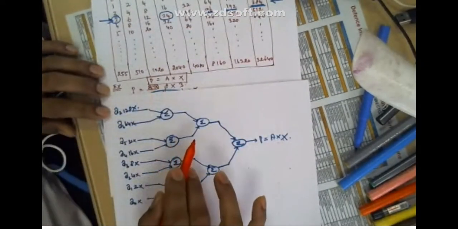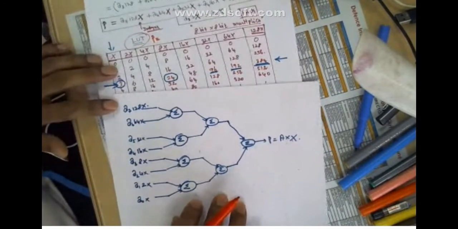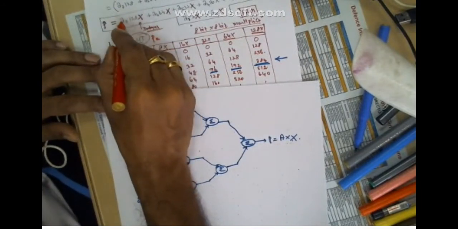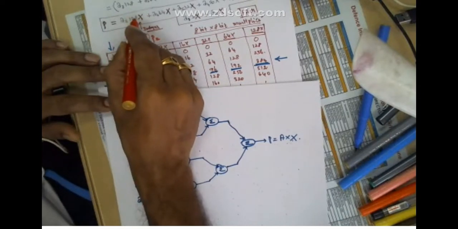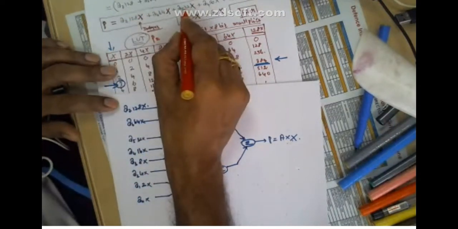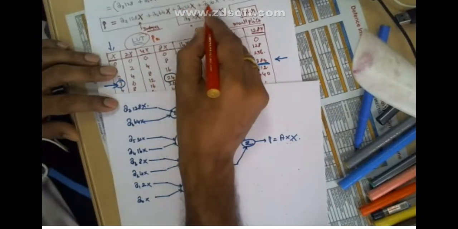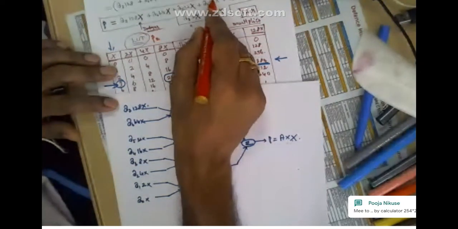So all the possible values are in this table now. From this equation, if A7 is 0, then this value will not be added, or this value will be taken as 0. If A5 is 0, then this value will be taken as 0. If A4 is 1, then this value will be taken, right?